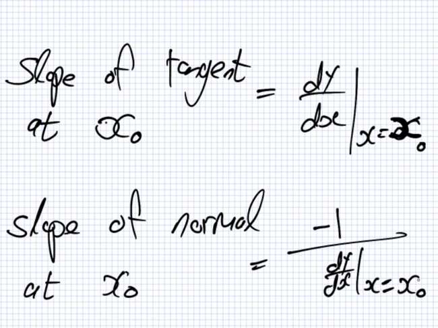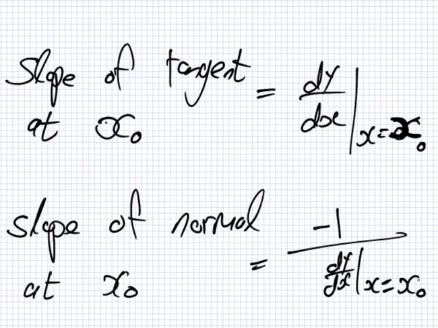Is that what you got? Now you don't use this. Instead you should use m equals what? Minus 2. So you have y equals minus 2x plus c.